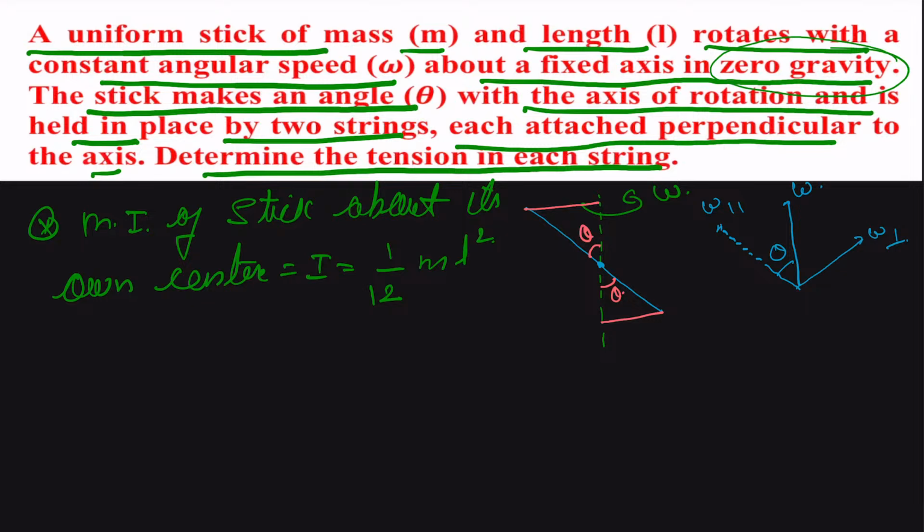And like we have drawn here two components of our omega, this parallel component of omega is in the same direction, or we can say is parallel to the stick. Okay, our stick is also in the parallel direction.